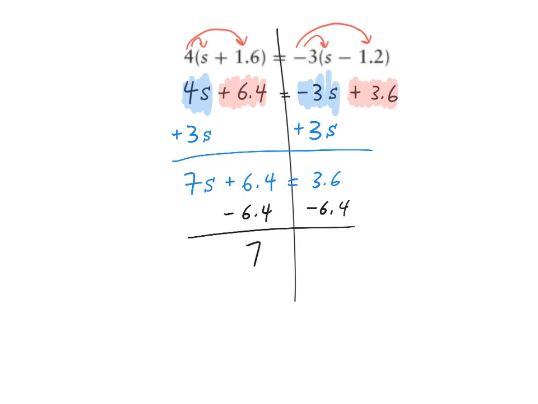And we get 7s equals 3.6 minus 6.4 is negative 2.8. And now I'm just going to divide both sides by 7. And we get s equals negative 0.4.